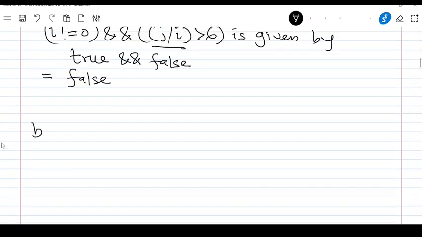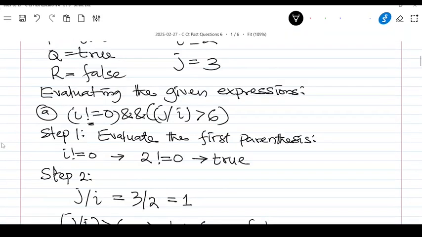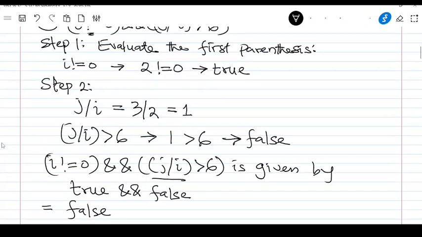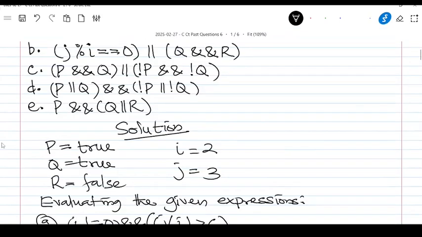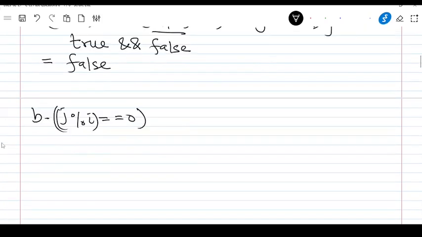So the B part, we have j modulo I is equal to 0 or q and r. Okay, so what is j modulo I?